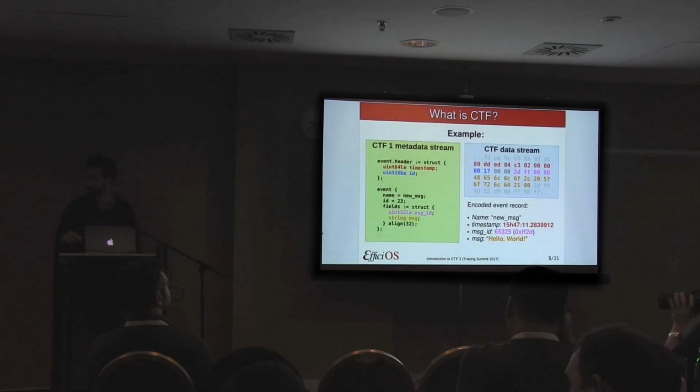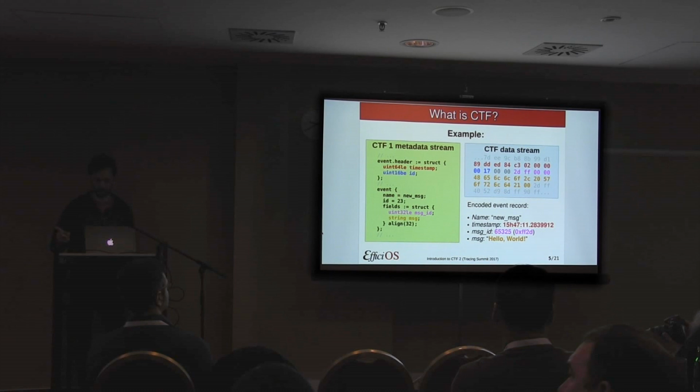So let me give you a short example. At the left, in green, you have the metadata stream. So this is the description of the data streams which are described by it. We can see all the colors associate what is described with the binary data stream at the right. So for example, we start with a 64-bit little endian timestamp in red. That is followed by a 16-bit big endian ID.